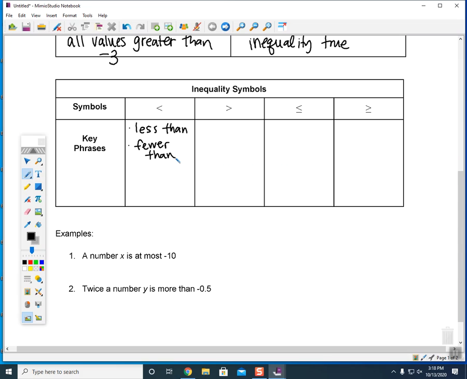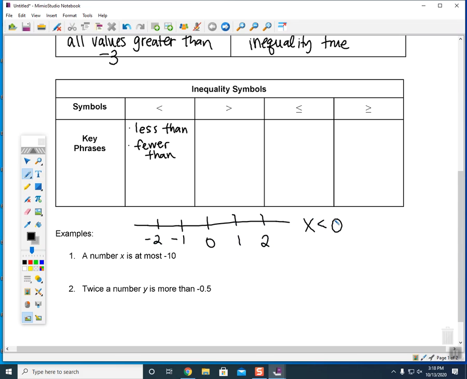Okay, and then the other thing we're going to include in this is what it looks like to graph it. So if I graph an inequality, right, I do it on a number line. Let's say I've got 0 here, negative 1, negative 2, 1, 2. And let's say I have the inequality x is less than 0.